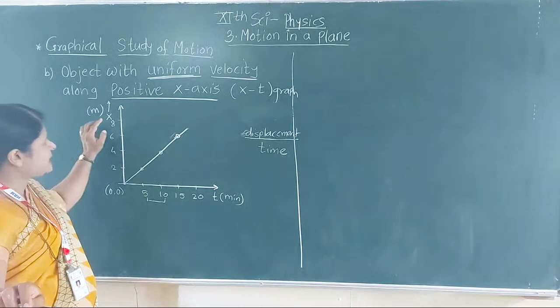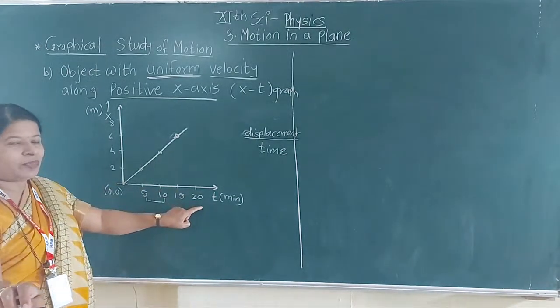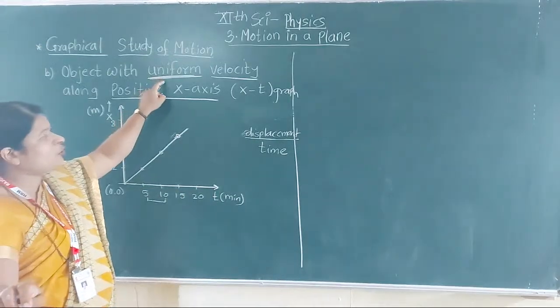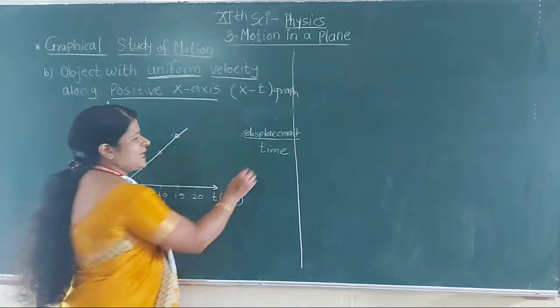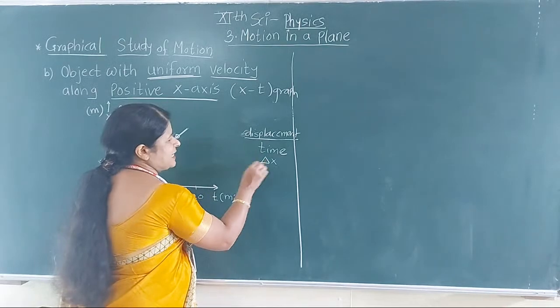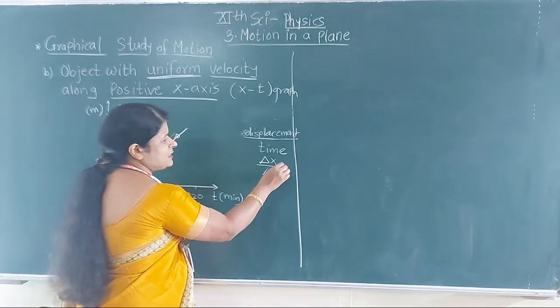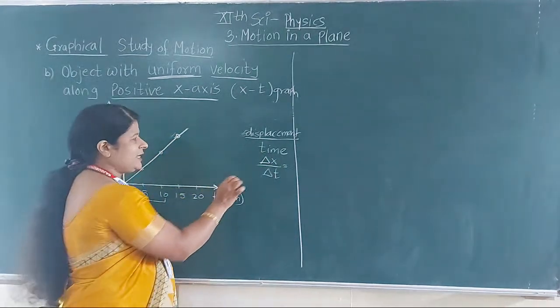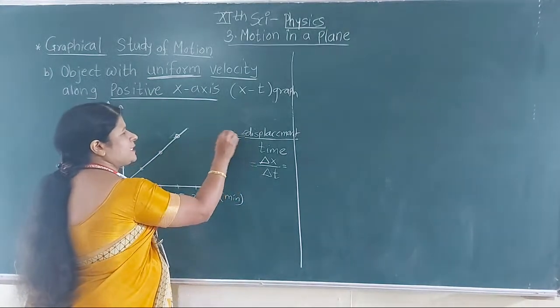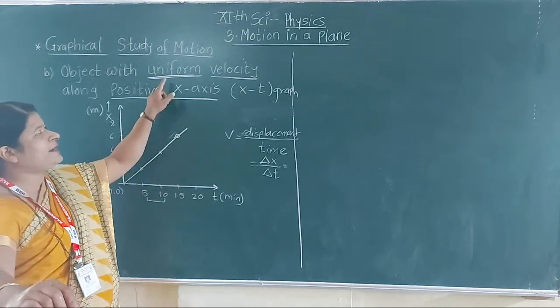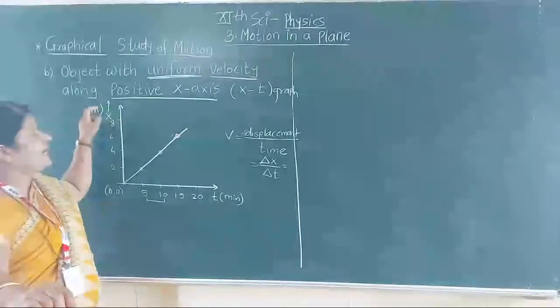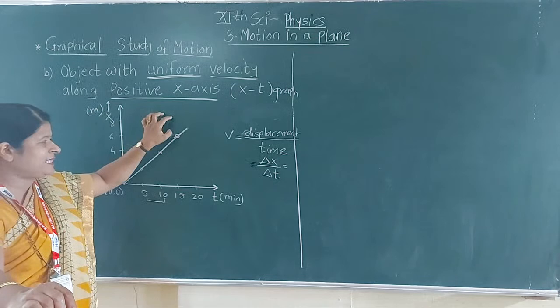Now the graph is displacement and time, and we write here uniform velocity. We know the ratio of displacement, that means delta x divided by delta t, displacement dx divided by dt, we get velocity. Therefore, we write here uniform velocity along the positive x-axis.